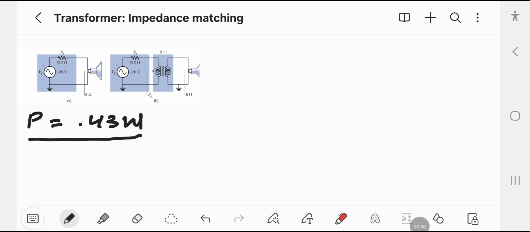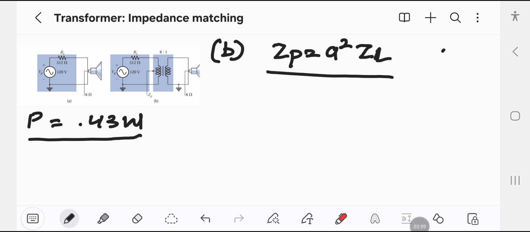Now for case 2, when we put the transformer here, what happens? As we know this equation, it gives the relation between the load impedance and the primary impedance.